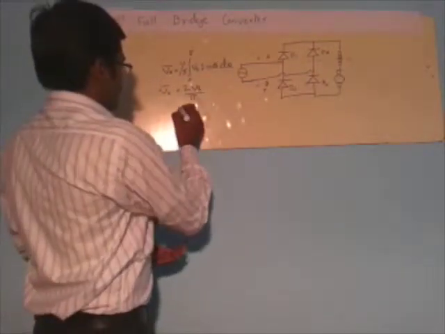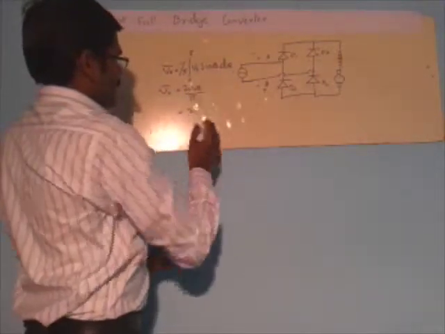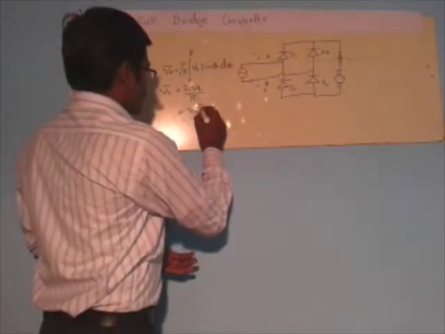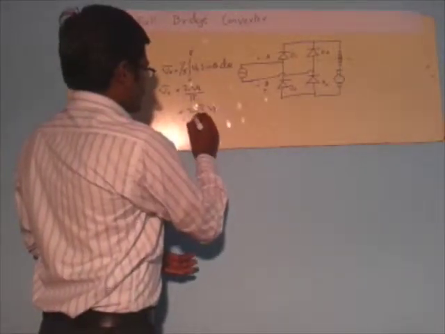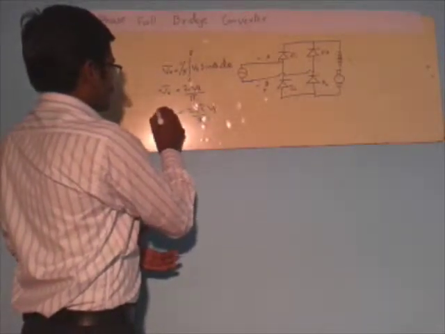We will convert this Vs to root mean square. Then 2 root 2 Vs divided by pi equals V0.